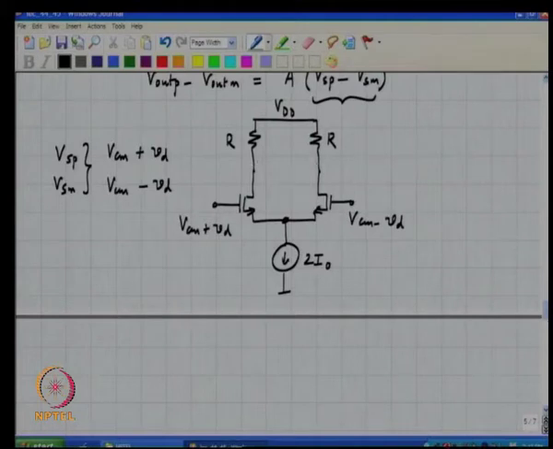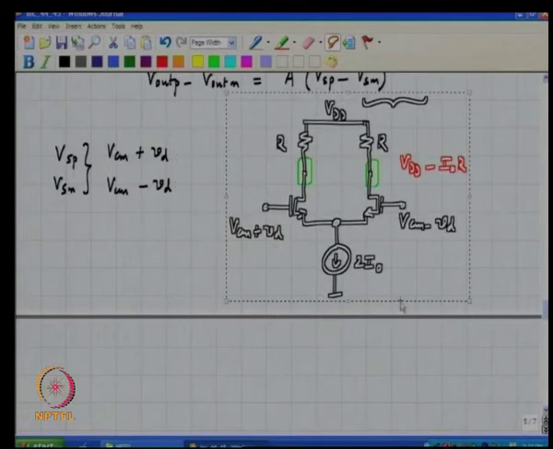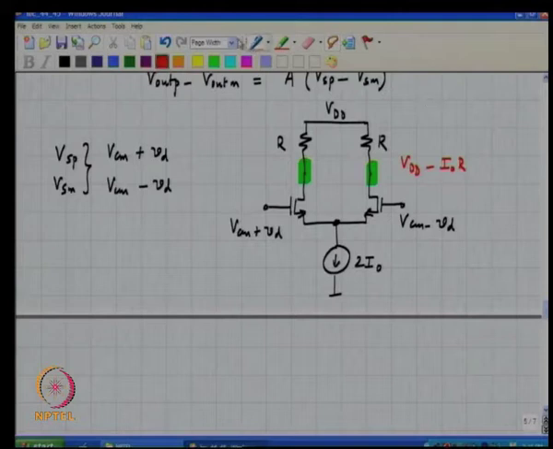To determine the quiescent operating point, we will assume that the difference between the two inputs is 0, in which case the quiescent drain potential will be simply VDD minus I naught R. The incremental voltage on the right leg of the differential pair will be plus GM R into VD.